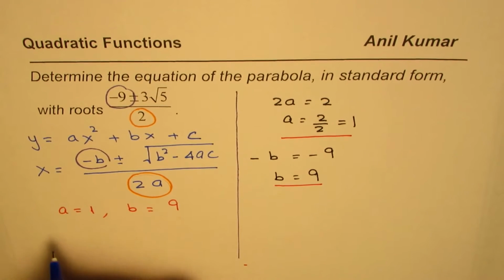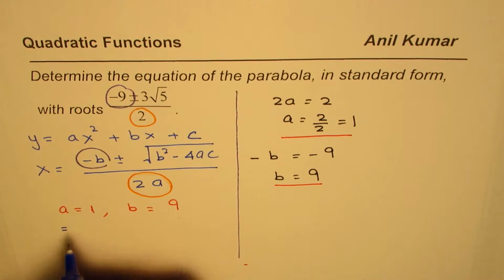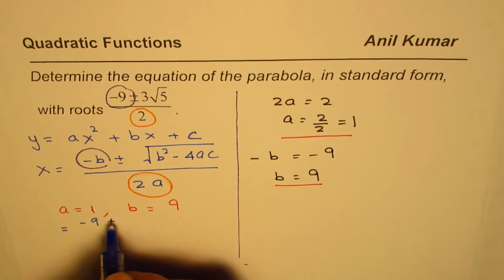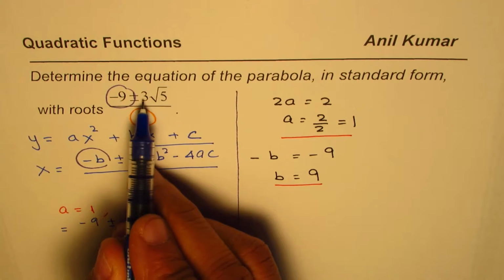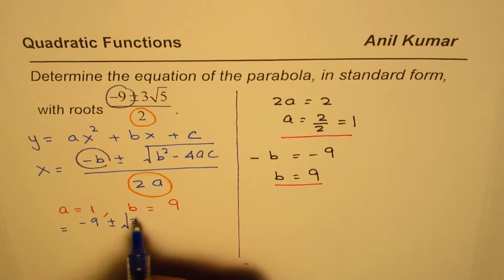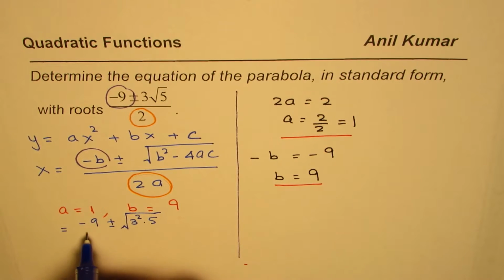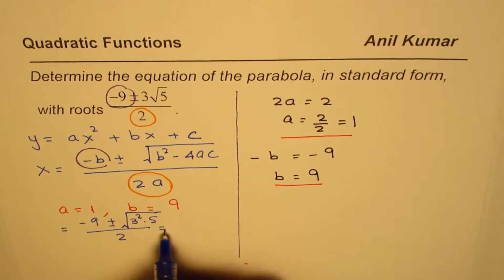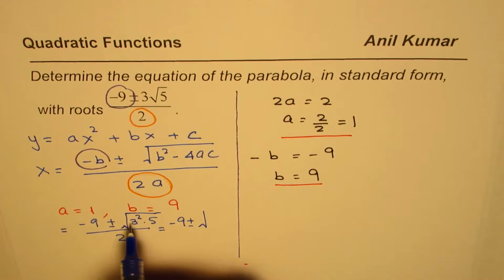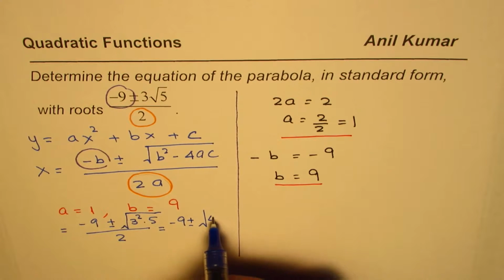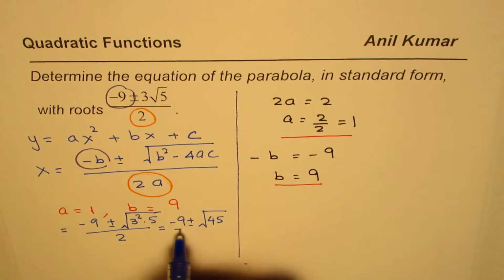Let me rewrite this. So we have the root as (-9 ± √(3² × 5))/2, since when we take 3 inside, it becomes 3 squared. Do you get the idea, right? So it could also be written as (-9 ± √(9 × 5))/2, which is √45. You get an idea, correct?